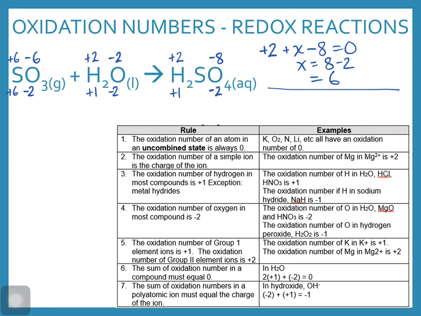So sulfate, the 1 sulfur minus the 4 oxygen needs to equal -2 because sulfate has a 2- charge. So then I have x equals -2 plus 8, which is equal to 6. So either way works there. So I have a +6, so everything there adds up.